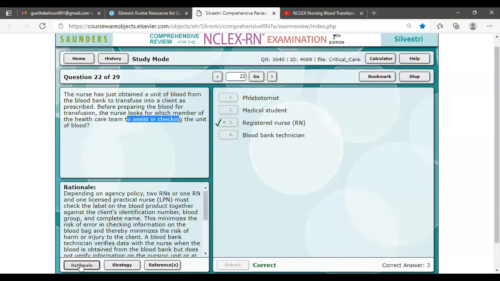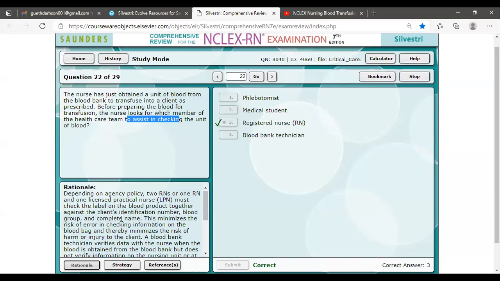So their explanation: depending on agency policy, 2 RNs or 1 RN and 1 licensed practical nurse must check the label of the blood product together, again the client identification number, blood group, and complete the name.